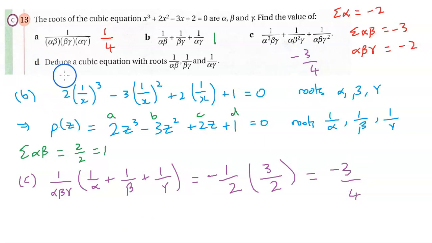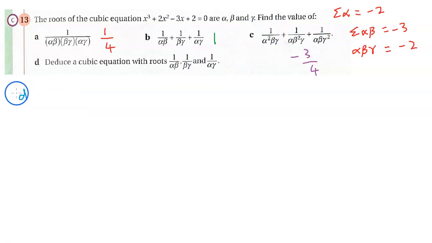Okay, and then for part D it says deduce the cubic equation with those 3 roots here. And we can see that in part A, B, and C of this question, part A gives us the product of all 3 of the roots, part B gives us the sum of the 3 roots, and part C gives us the product of any 2 of the roots multiplied together. So for part D, let's suppose our polynomial looks like this.